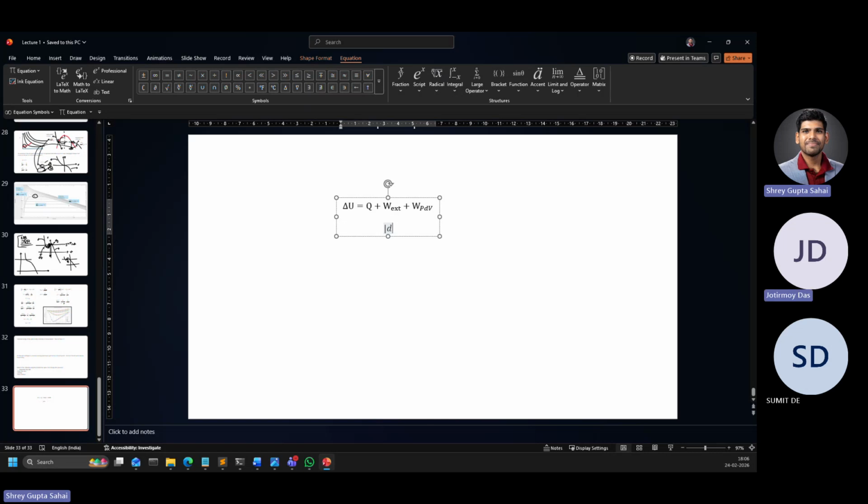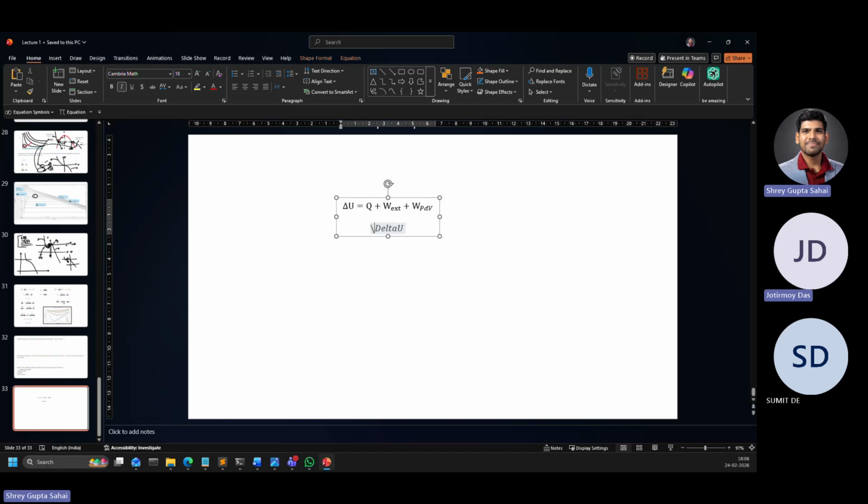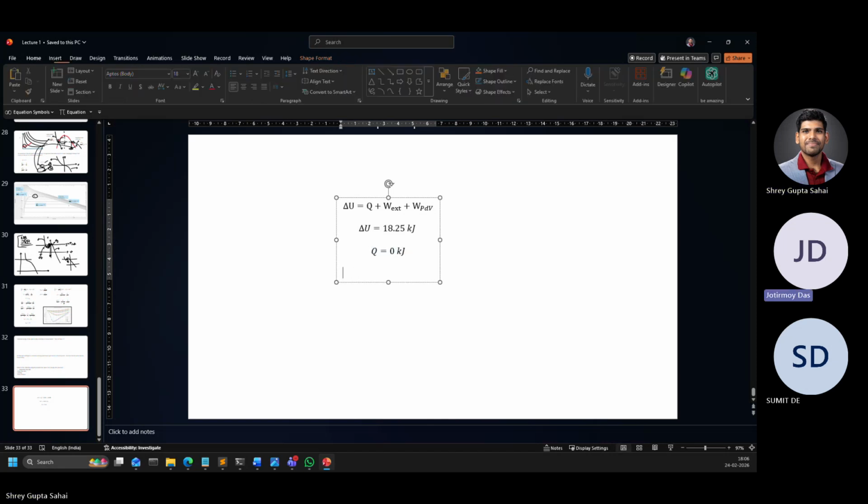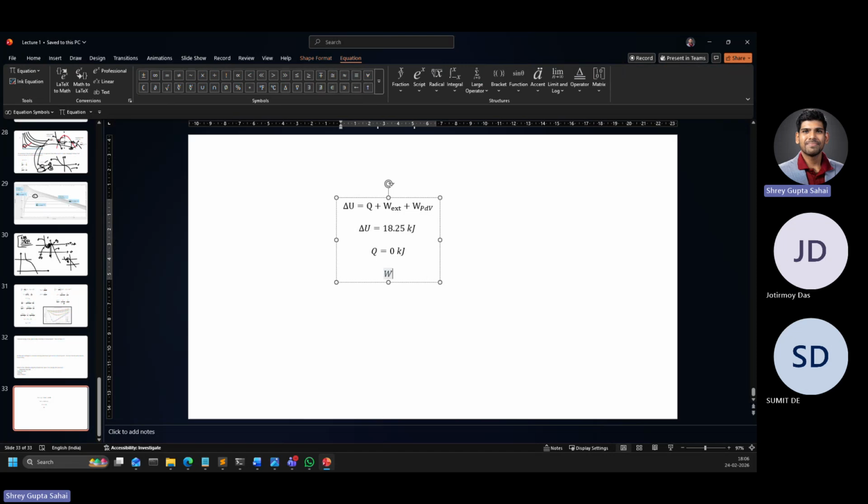Delta U was 18.25 kilojoules, right? Q is 0 joules.